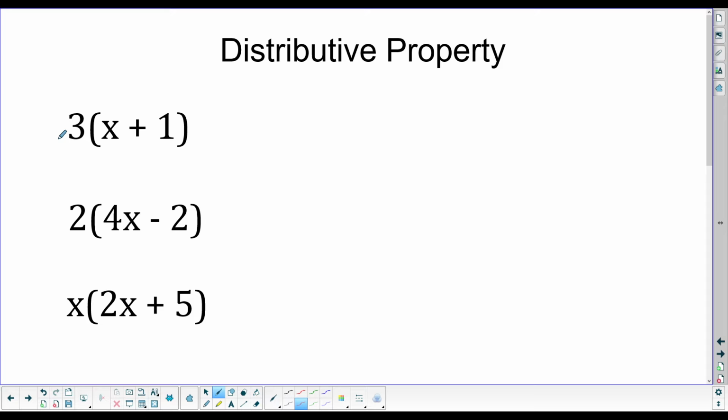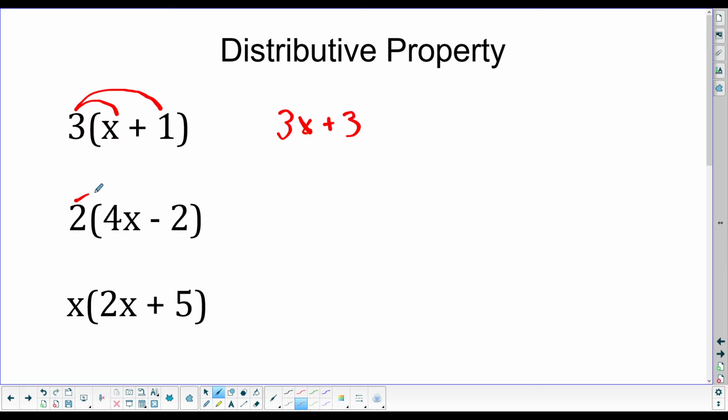We want to use that vocabulary, that terminology. But all we're going to do is multiply everything in this by everything in this. There's only one thing in here, so we're going to multiply 3 times x. We're going to multiply 3 times 1. And so when we multiply 3 times x, we get 3x. When we multiply 3 times 1, we get 3.